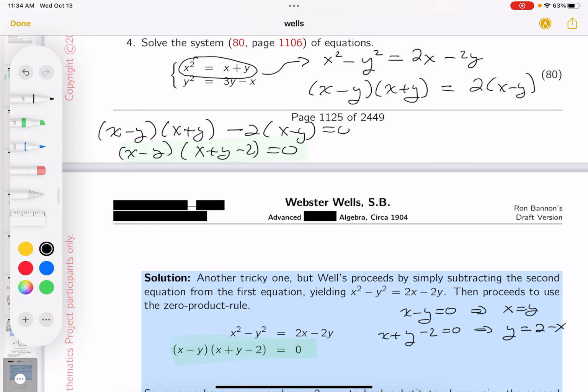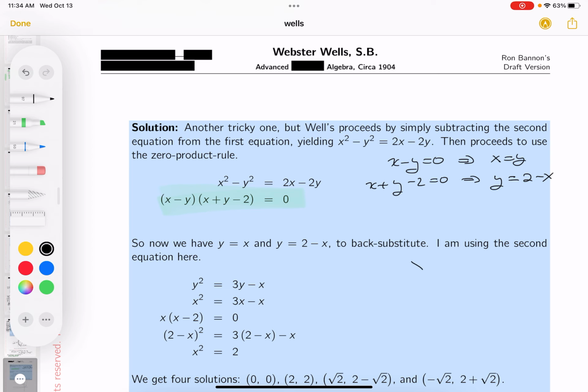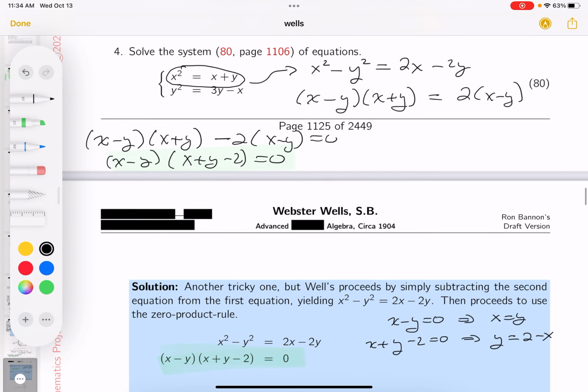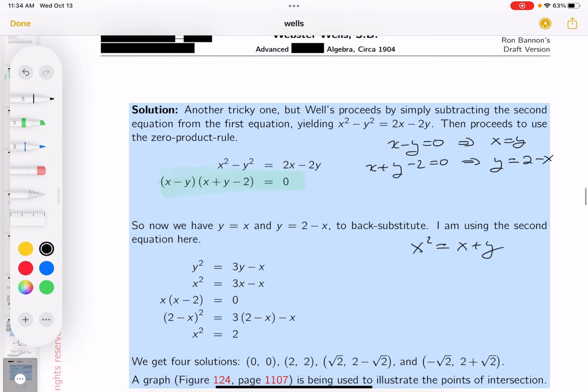X squared equals x plus y. I'm just using the first equation. Let's do this one first. What do you get? Let's write this down. X squared equals x plus x.